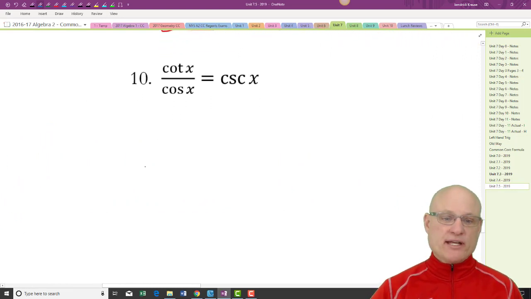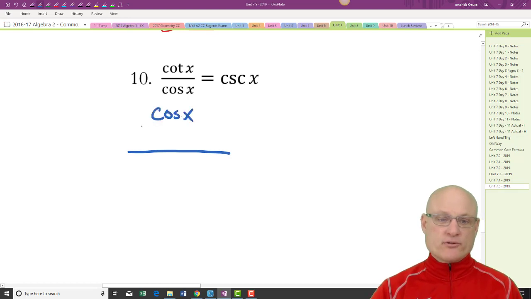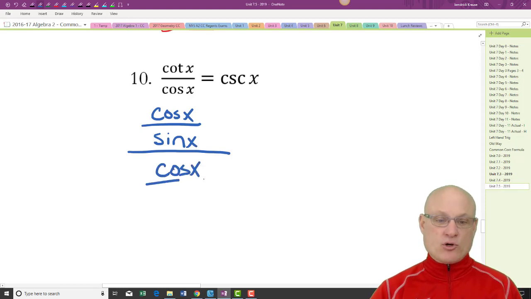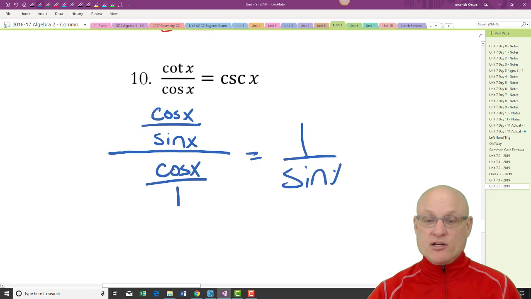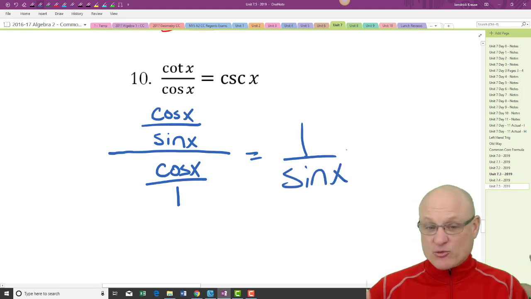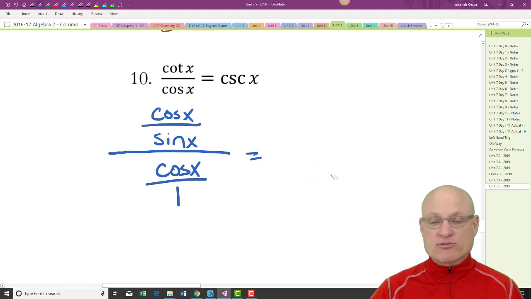All right, cotangent x. Cotangent x is cosine x over sine x. And then this is cosine x over 1. Make everything fractions, kids. Everything fractions. We want to prove that's equal to... Now, some kids are going to go 1 over sine x. But if you do that, you have messed with both sides. You are not allowed to do that. You're not allowed to mess with both sides.